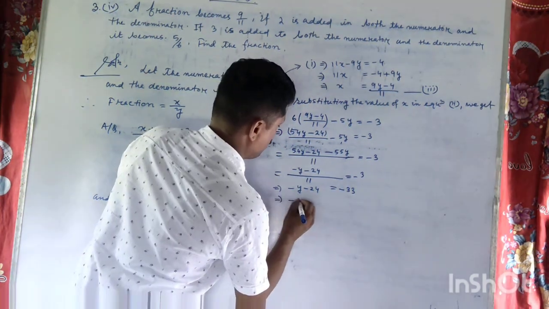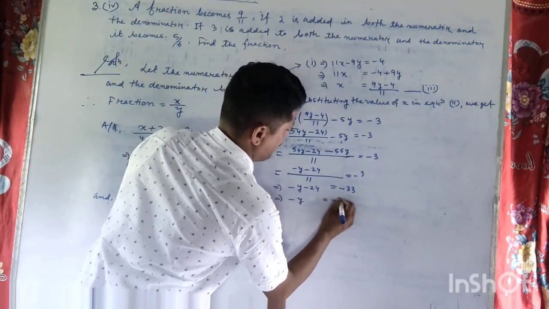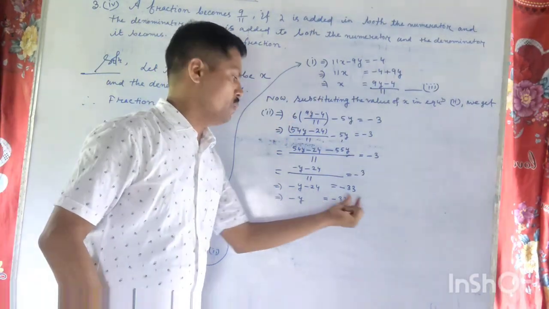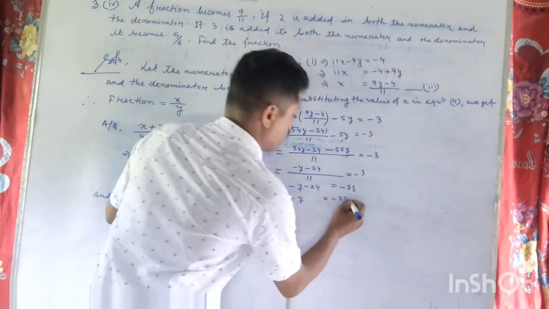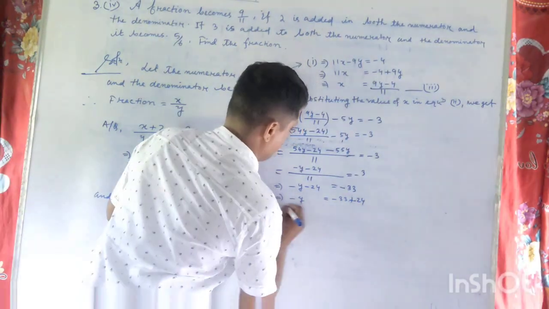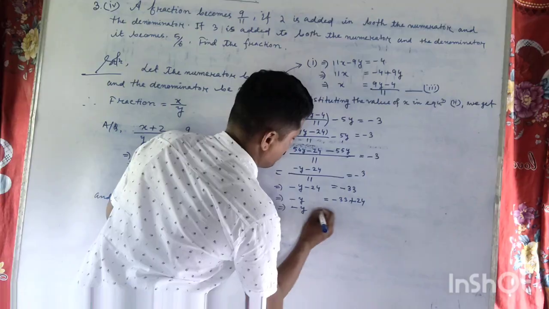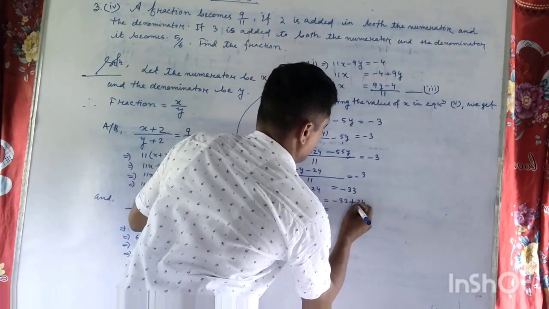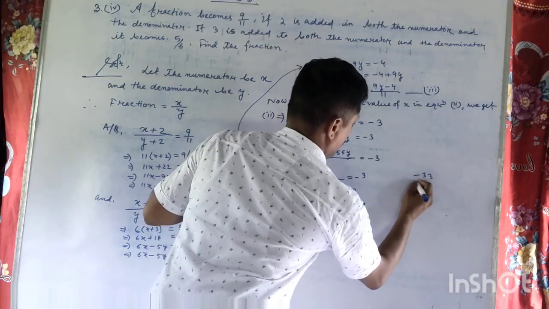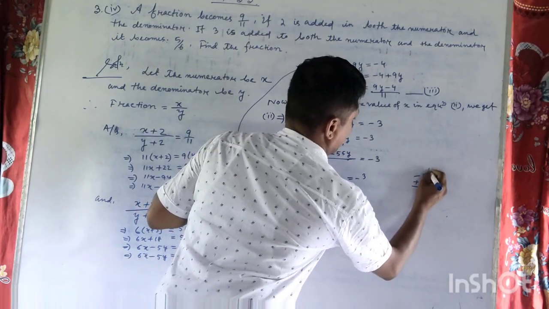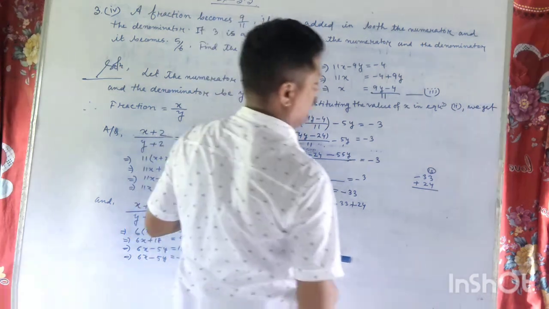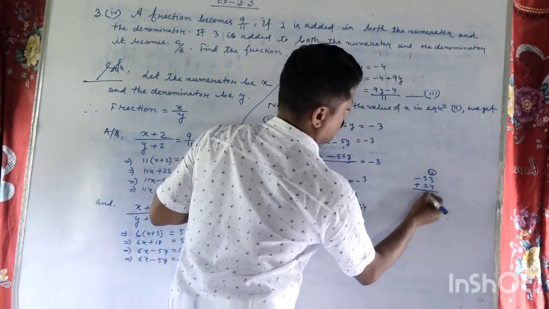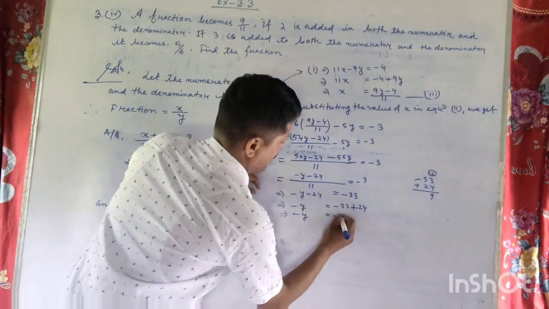Next, minus y is equal to minus 33. This negative 24 on the left hand side will be positive on the right hand side, so plus 24. Then minus y is equal to minus 33 plus 24, which is minus 9.